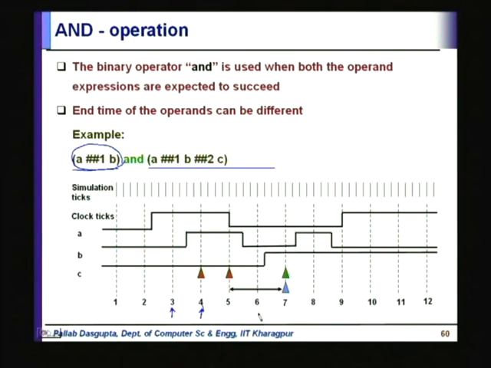Here we do not get ##2 C, because we would have expected that we have B here. So, here we should have had C, but we do not get C here. So, this is one failure.